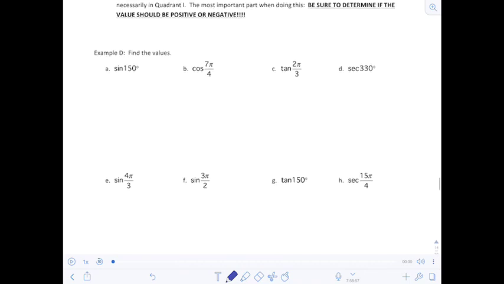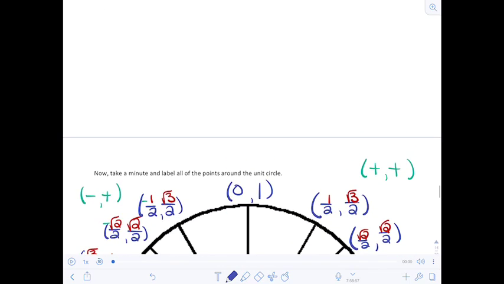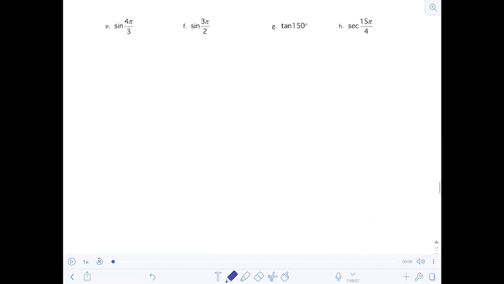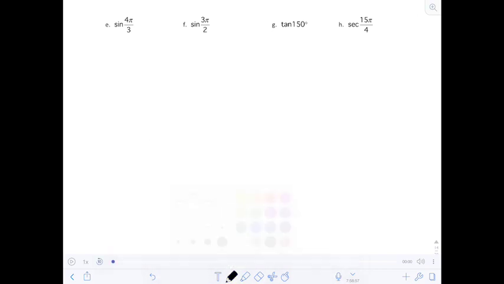So let's go back now. Oh, actually, before we do that, let me point something out. As you know, when we move around the unit circle, as we just saw, we have sign changes in x's and y's.